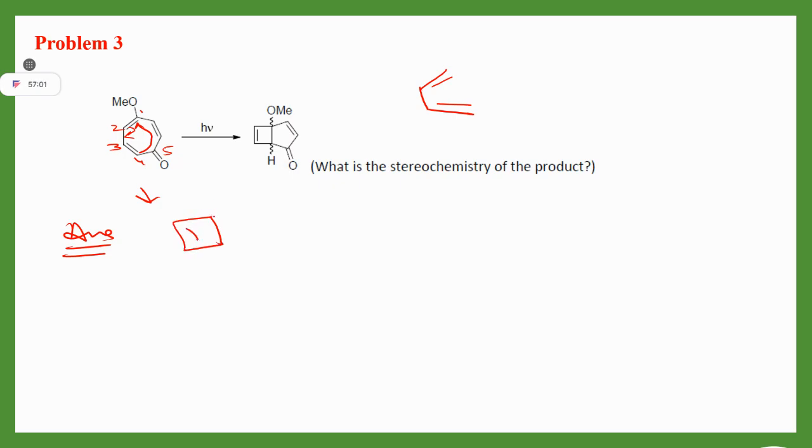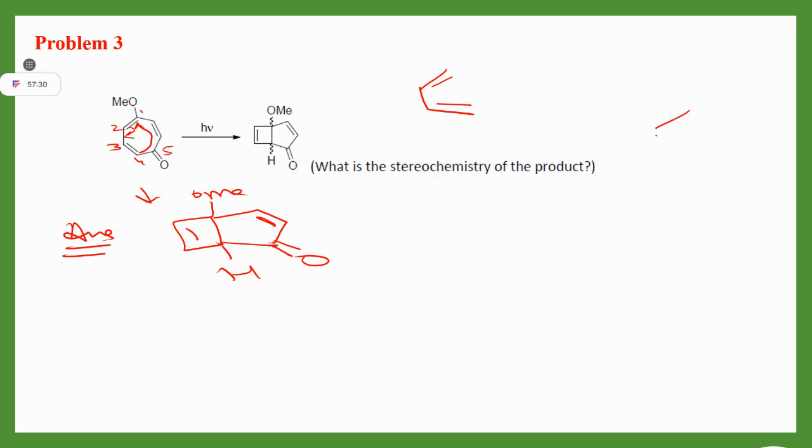Now you have to tell me the OMe and H stereo. So this five membered ring is as it is, right?